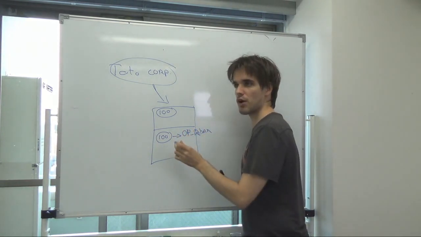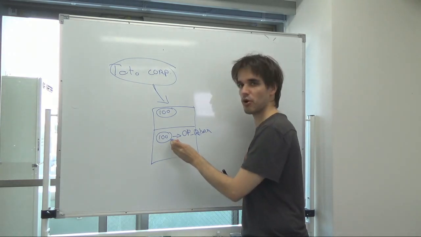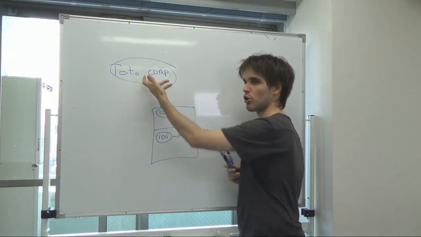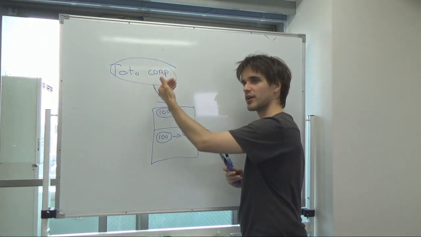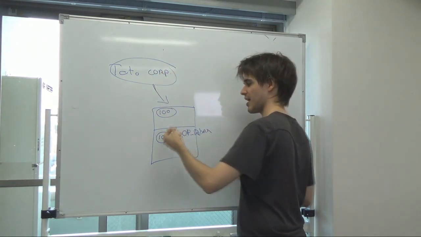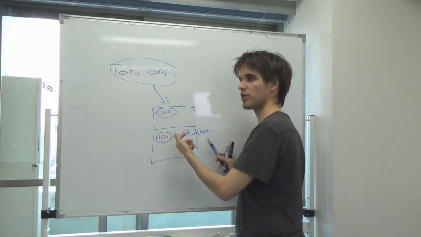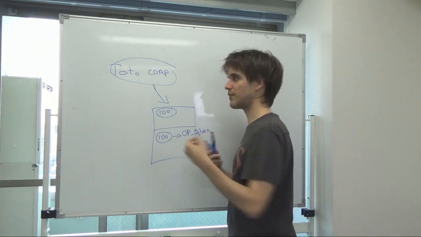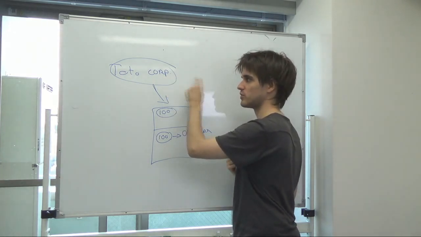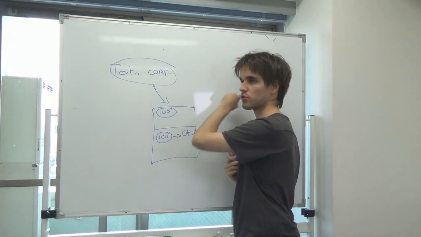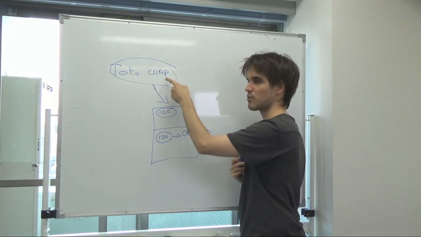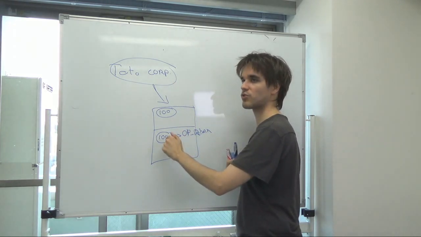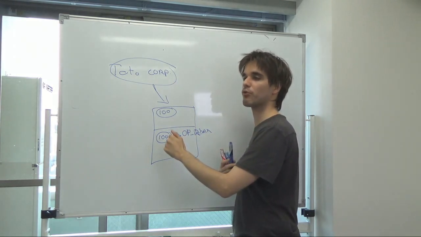These coins are probably unspendable, and so the way it works is that Toto Corp can say, okay, I developed my brand, I burned Bitcoin to get started. So if you want to deal with Toto Corp, even if you don't know them, you know that they will not try to fraud you for more than 100 Bitcoin, because it will not be profitable for them.